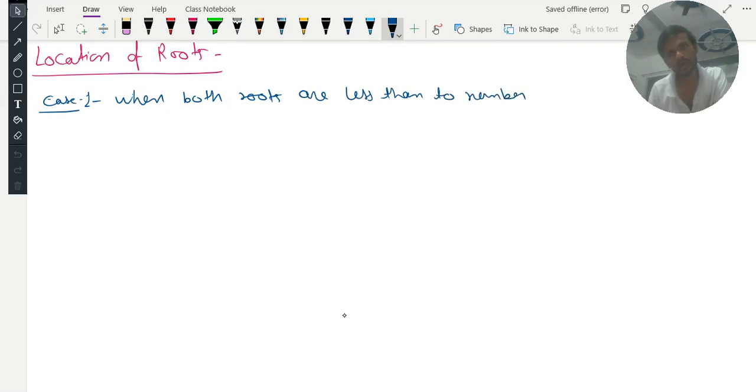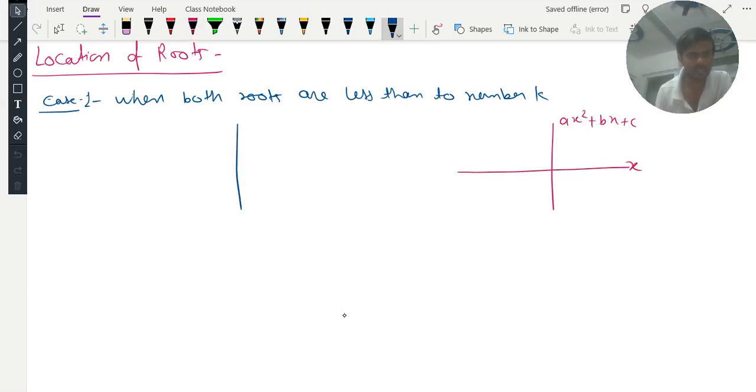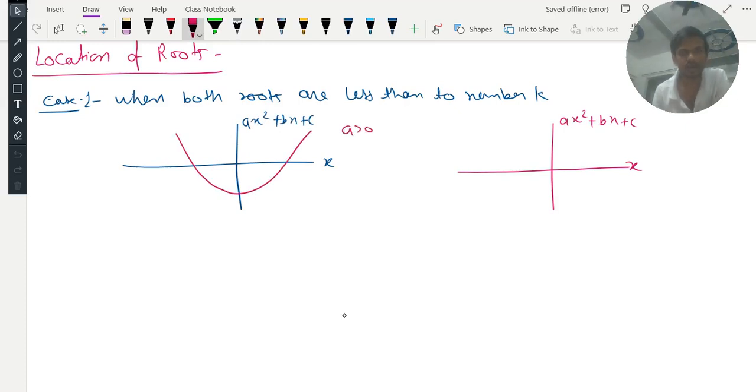a number k. In this case, if we make the graph of this quadratic expression, this is x and this is the quadratic expression ax square plus bx plus c. This is for a greater than 0, and for a less than 0 this will become like this.